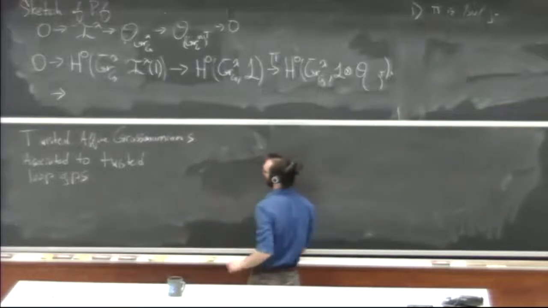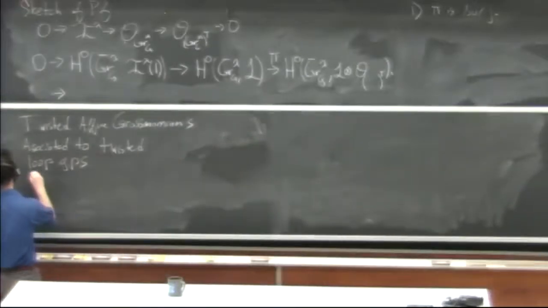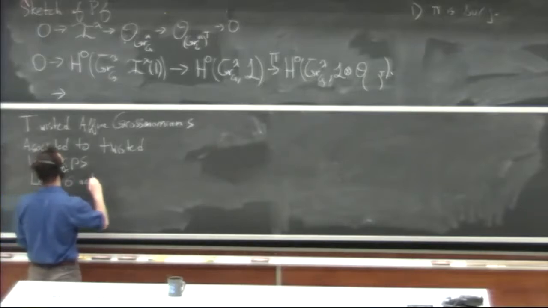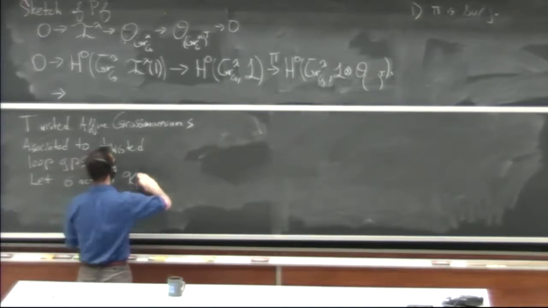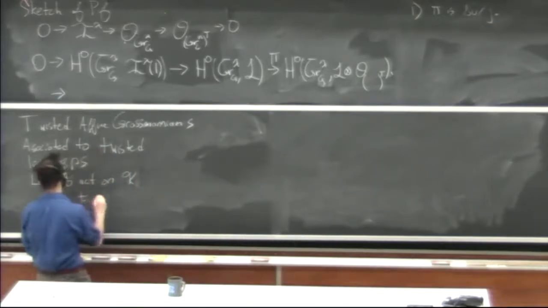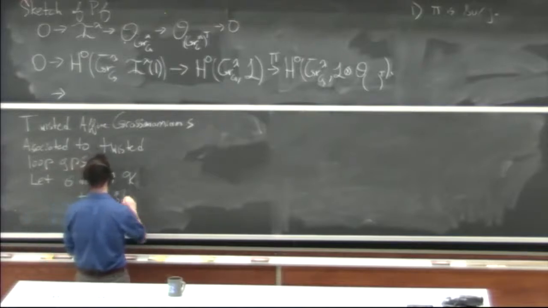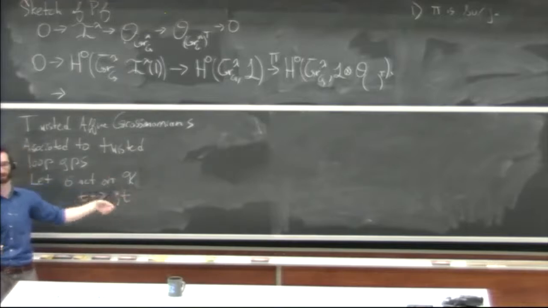But once we have our automorphisms in hand, we can define our loop groups. So we let sigma act on, say, K by sending t to a root of unity times t. So we're changing the uniformizer of K by multiplying by a root of unity.